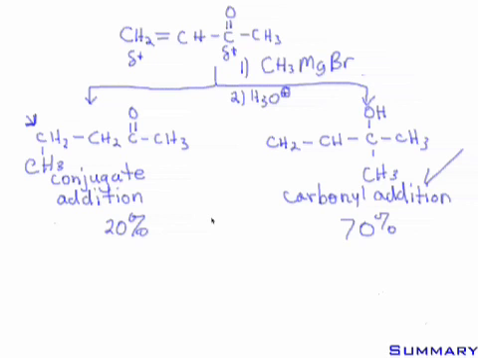So if you use Grignard, you get a mixture of products. This allows us to make a summary of reactivities or reagents and whether you get conjugate or carbonyl addition. We can summarize it as follows. 1.